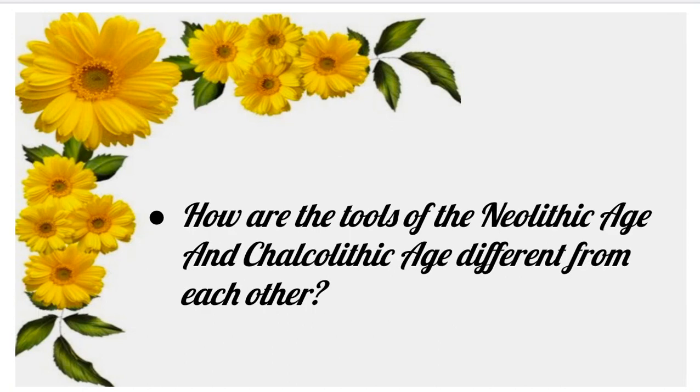Okay, how are the tools of the Neolithic age and Chalcolithic age different from each other? Yes, that is also nice. So, in the Neolithic age, there were tools made of stone and bone. Tools such as sickles, arrowheads, and stone axes were used for farming, hunting, and clearing forest.